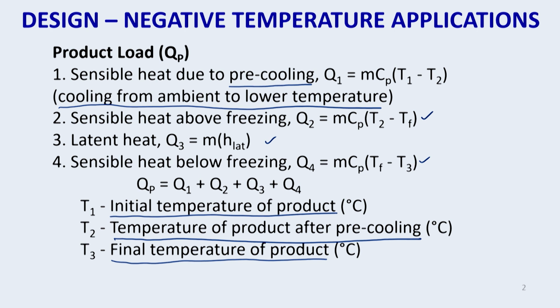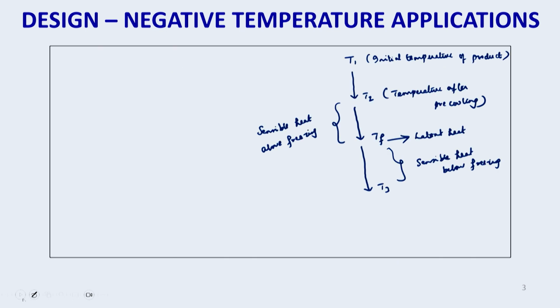Of course, it is 0 for dead products. Since T1 is unknown, we are not able to find Q1.